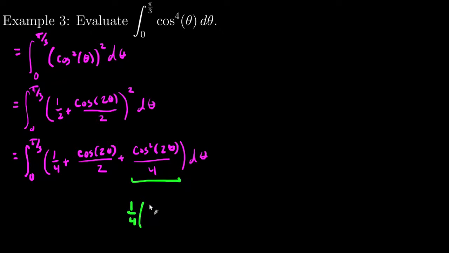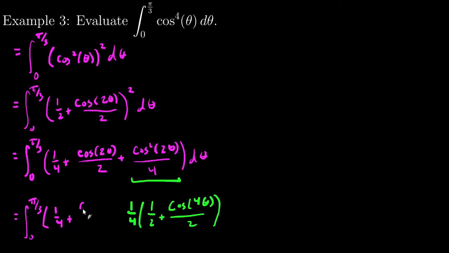Splitting up cosine squared of 2 theta is the same as doing 1/2 plus cosine of 4 theta over 2. And I'll bring down everything else. So we still have the integral from 0 to pi over 3 of 1/4 plus cosine of 2 theta over 2 plus this.